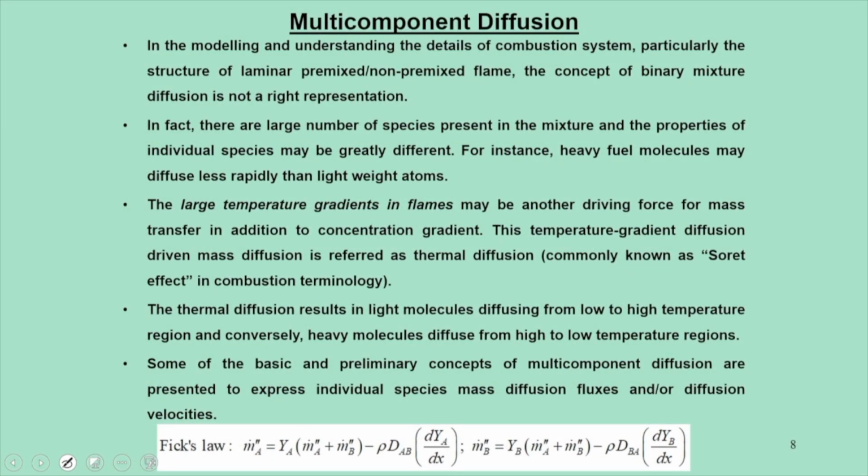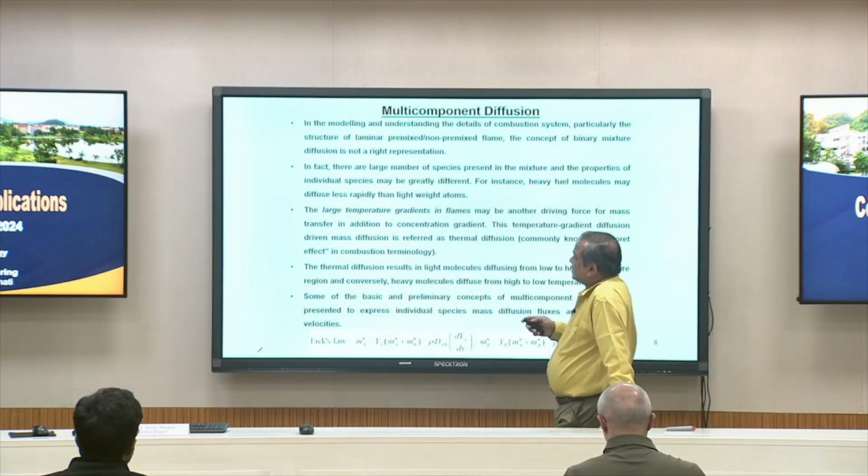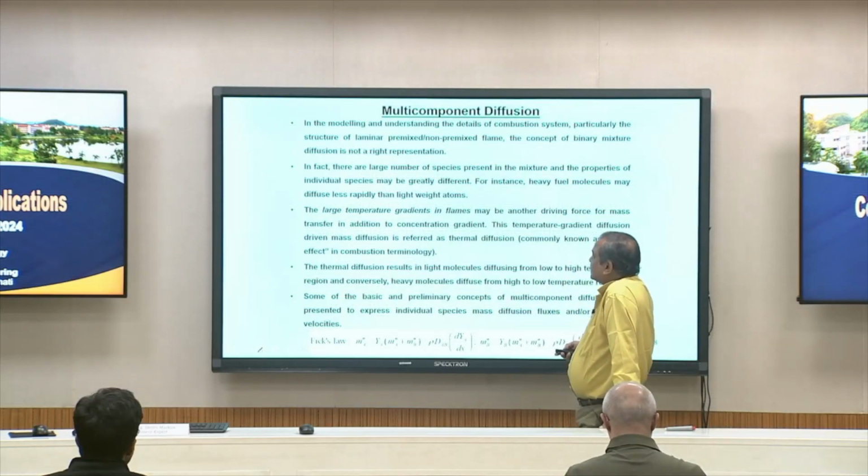There are also situations with thermal diffusion, in which light molecules try to diffuse from low temperature to high temperature regions, while heavy molecules try to move from high to low temperature regions. These are qualitative statements that need to be accounted for to frame the quantitative equations.